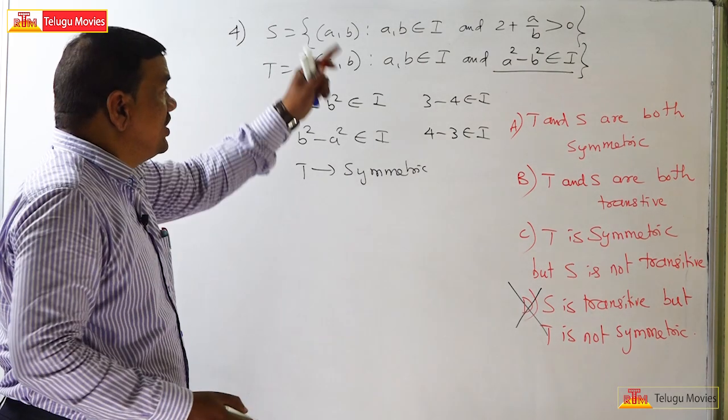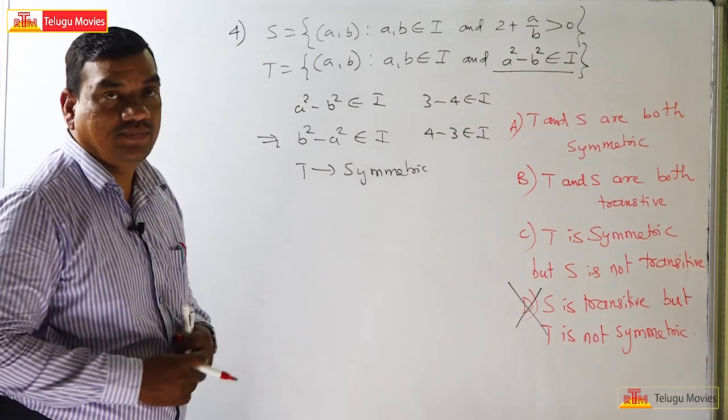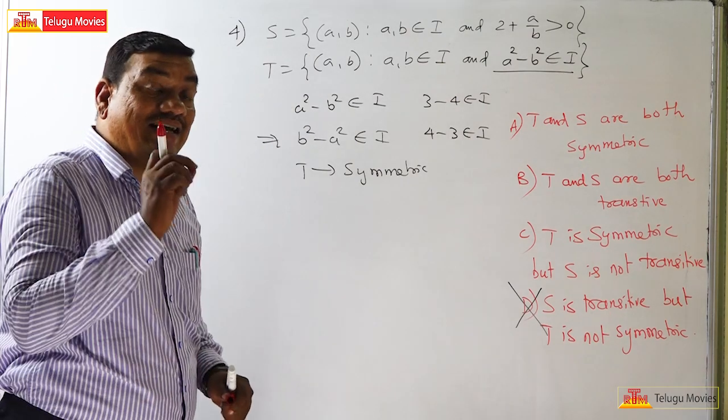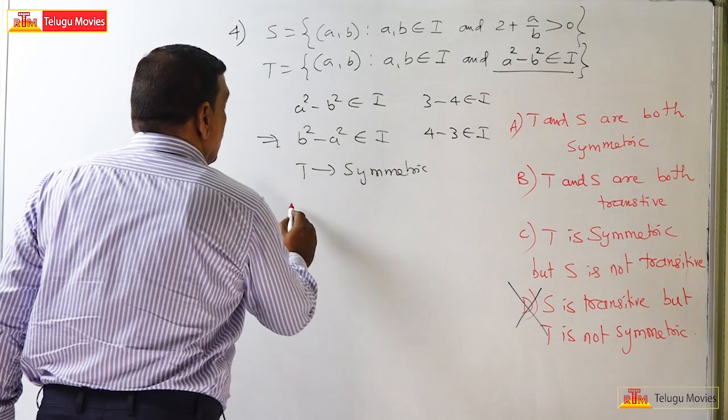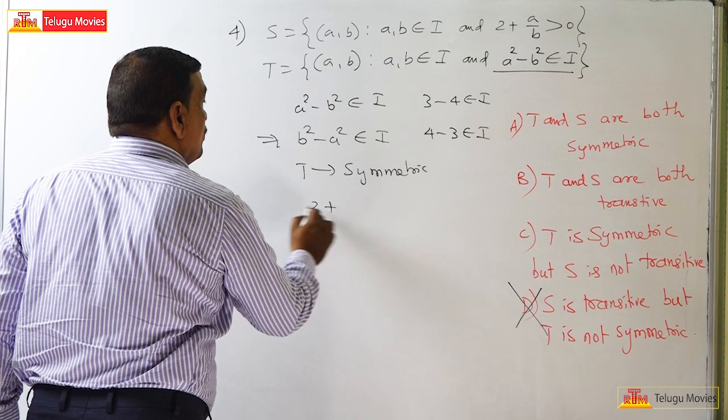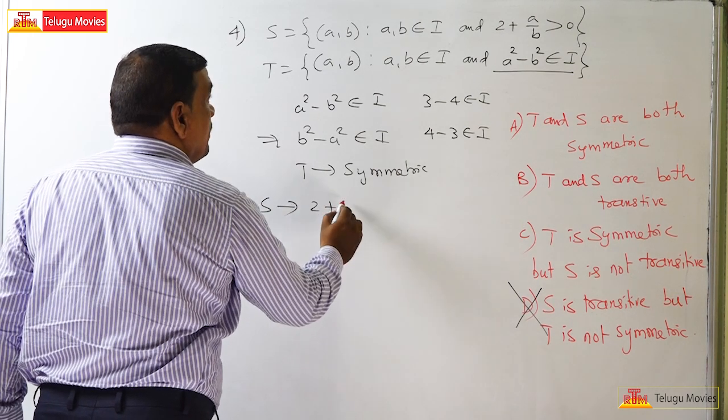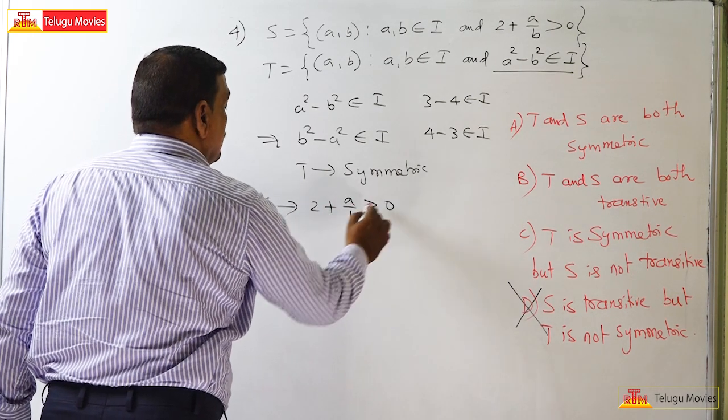Now let us concentrate on S. Clearly, S is not symmetric. Why? Because see here, I am talking about S, the condition is 2 plus a by b is greater than 0.